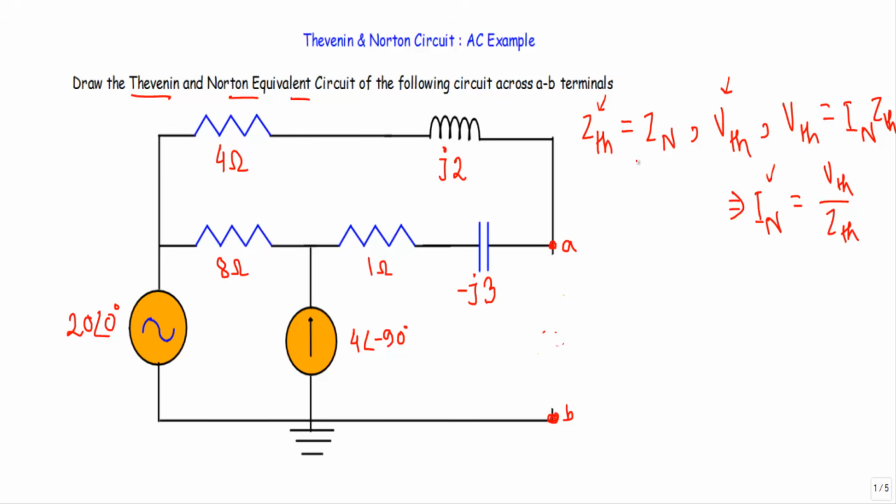So at first I will calculate the Thevenin impedance. In that case, I will replace this voltage source with a short circuit and this current source with an open circuit. If I replace this current source with an open circuit, that means I will remove this current source from our original network, and if I replace this voltage source with a short circuit, I will disconnect this voltage source and connect the two terminals with a short circuit.